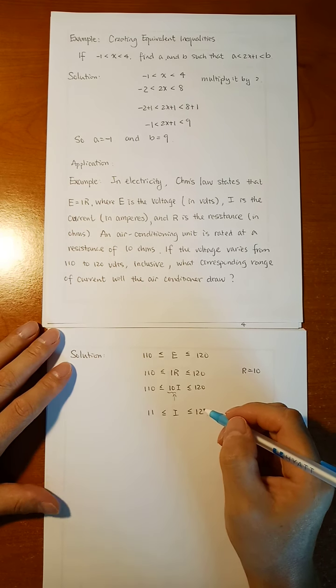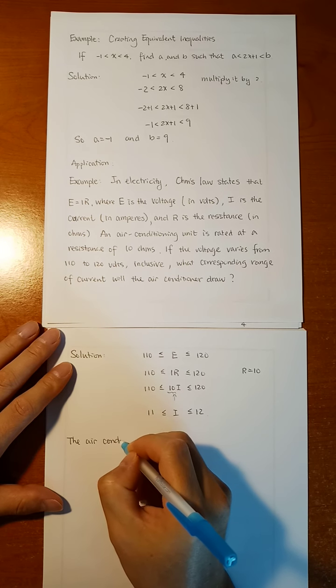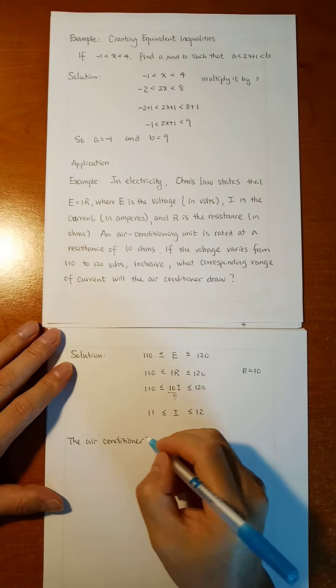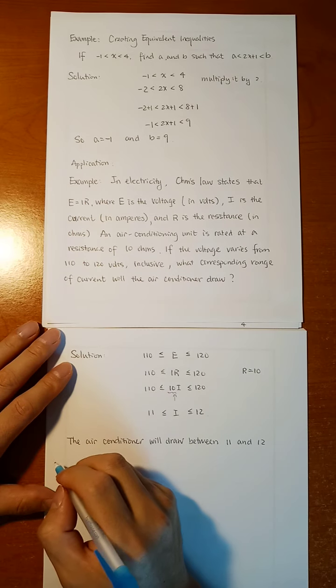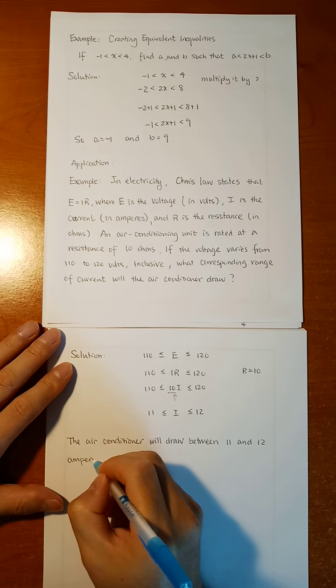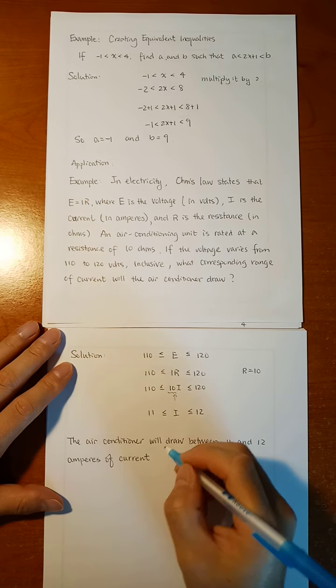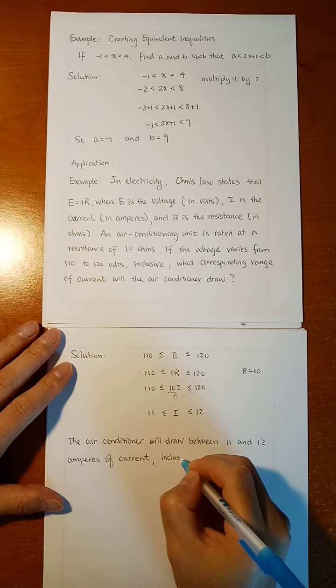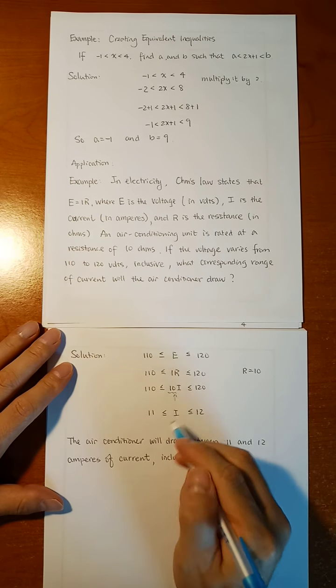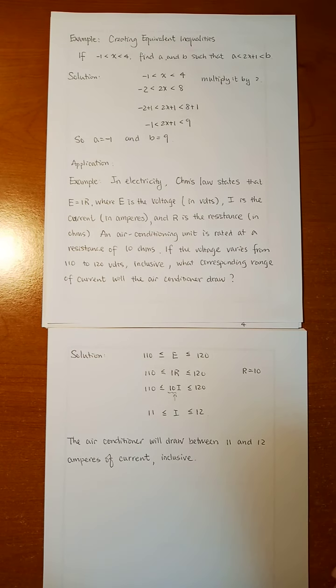So the air conditioner will draw between 11 and 12 amperes of current, inclusive. You need to emphasize it is possible to be 11 or 12 amperes, so we use inclusive.